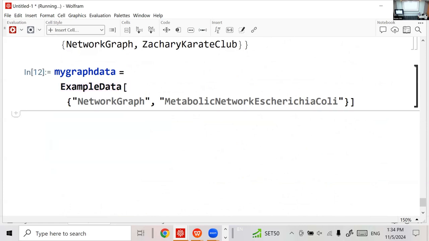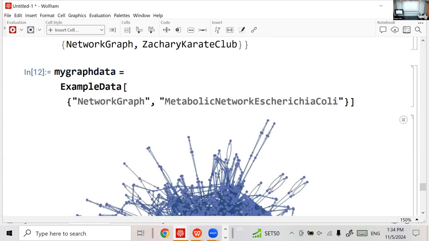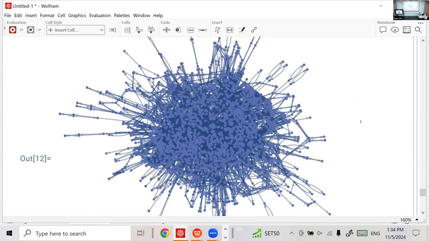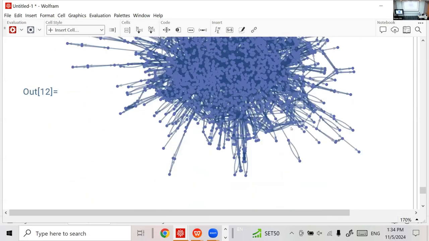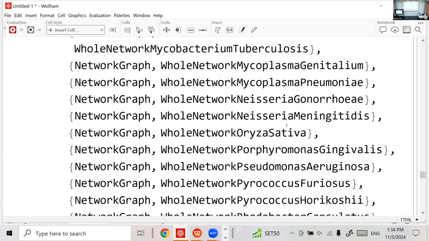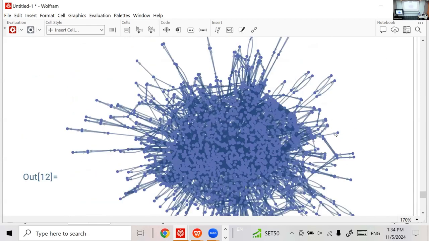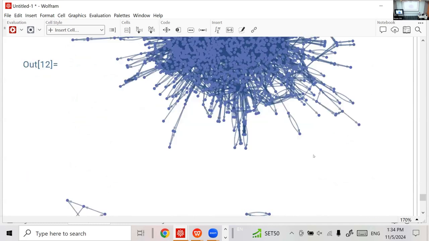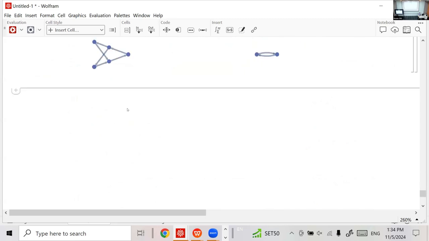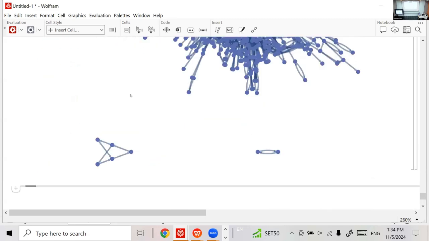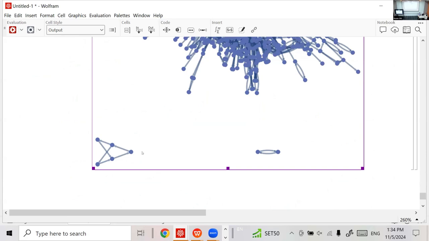Let's try. Okay, there it is. Now that's a little bit mean. Apparently, you can think of each little thing as an individual node. Hey, let's look at this one. This one is a little bit nicer. Okay, there you go. Let's look at this guy.